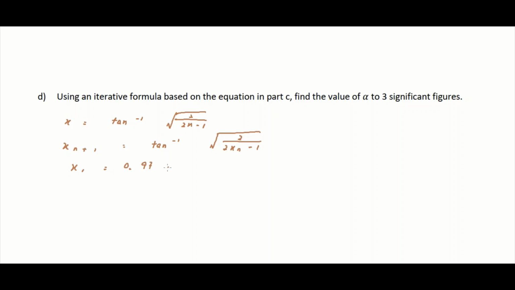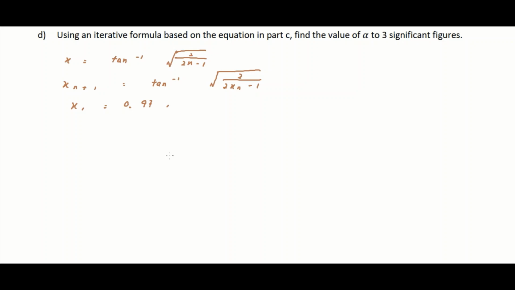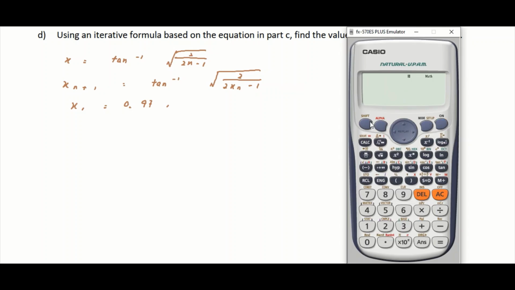But it doesn't matter if you want to try another number, you will still get exactly the same answer as what I have gotten here. Please make sure that your calculator is in radian mode before you proceed.